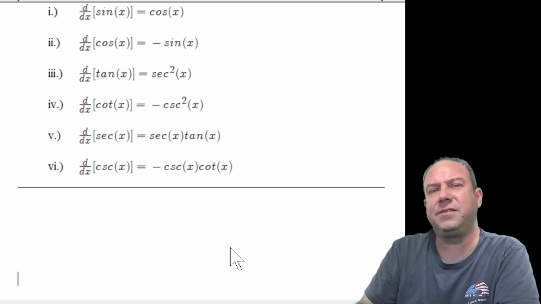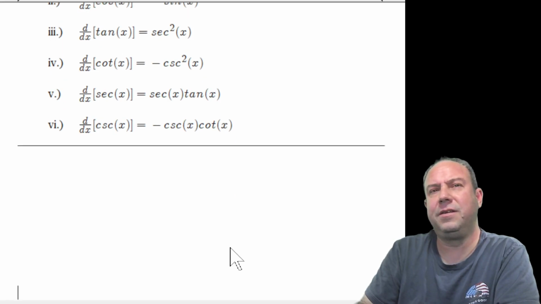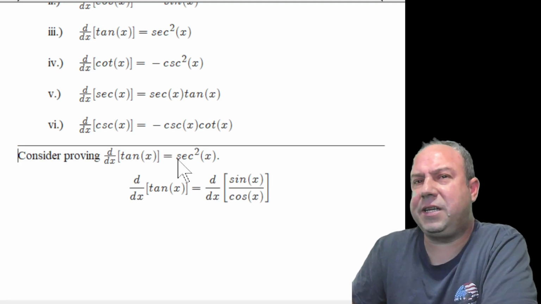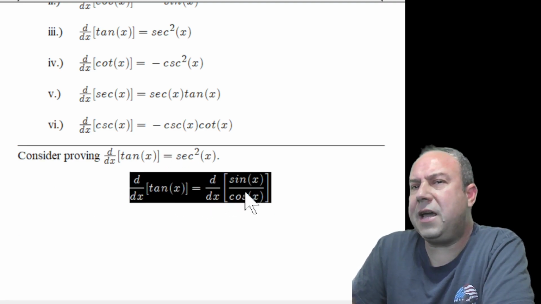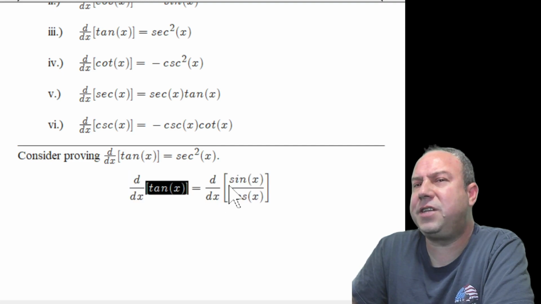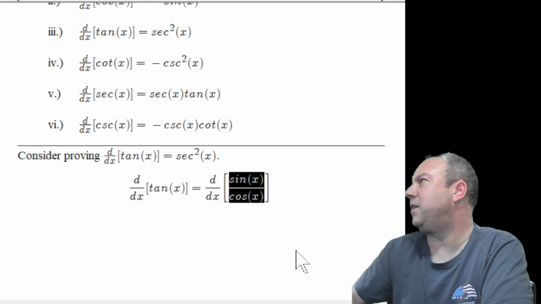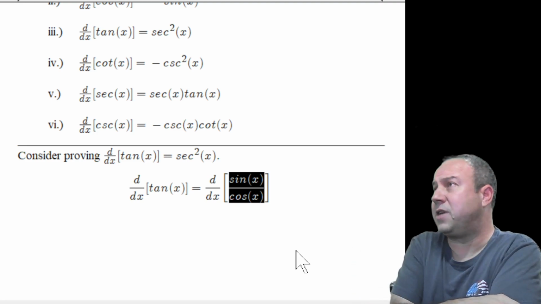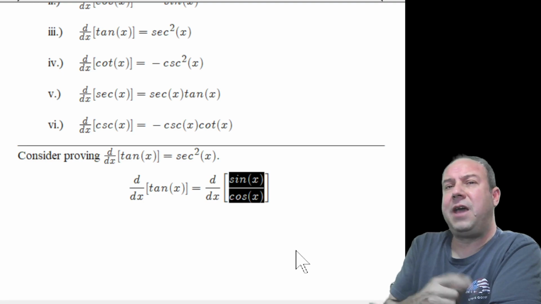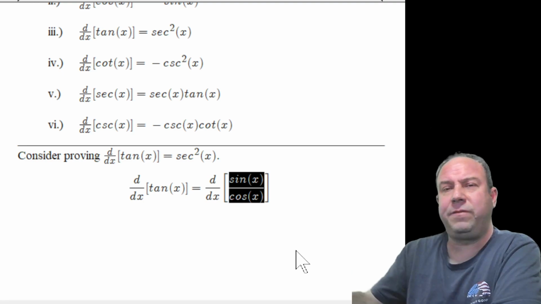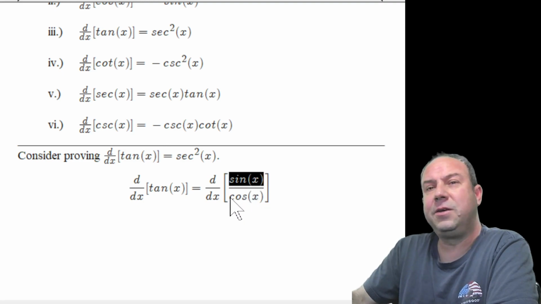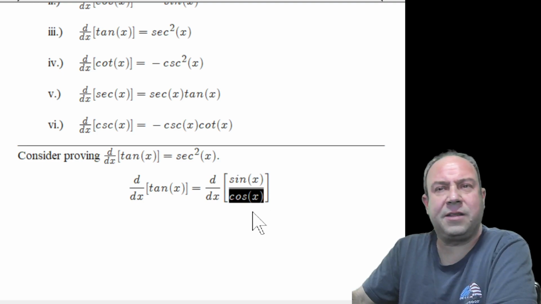For proving the tangent of x, proving that it's equal to the secant squared of x, we do rely on the idea that the tangent of x is just the ratio of sine to cosine. The tangent of x is just the sine of x divided by the cosine of x. And there we have the quotient of two functions. The quotient of the sine x with the cosine of x. Sine x being one of the functions, cosine of x being the other.